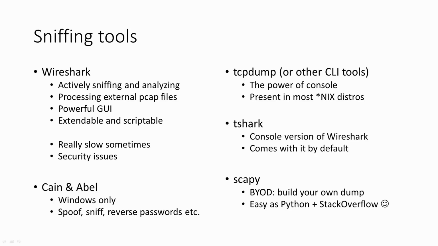TShark is a really powerful substitute for tcpdump, I guess, because it's basically a console version of Wireshark. It's cool, it's faster, and as well as tcpdump it can be used to capture a lot of traffic, save it to pcap files, and then grab these files and somewhere on a much stronger and more powerful machine analyze that with Wireshark or something else.